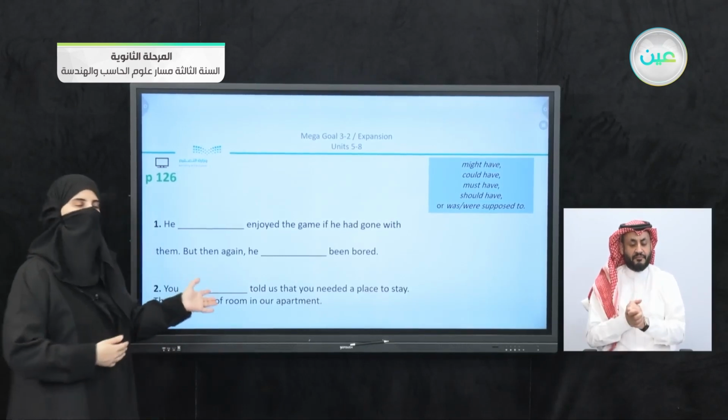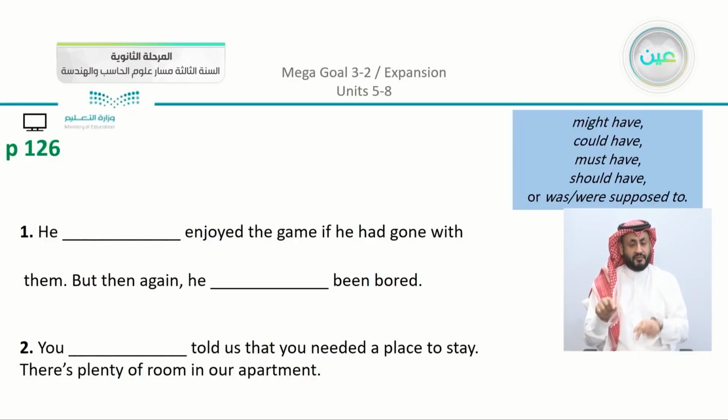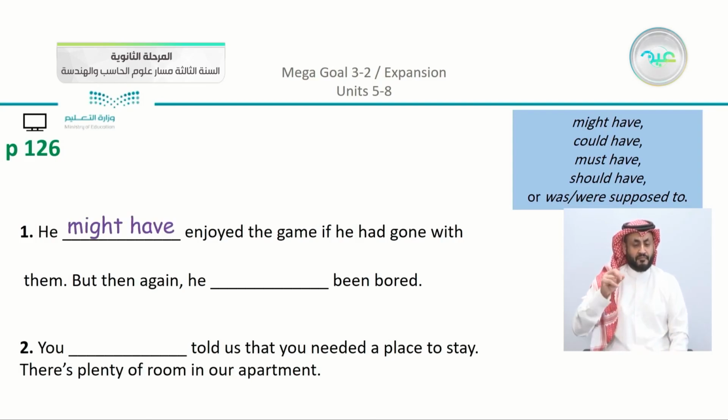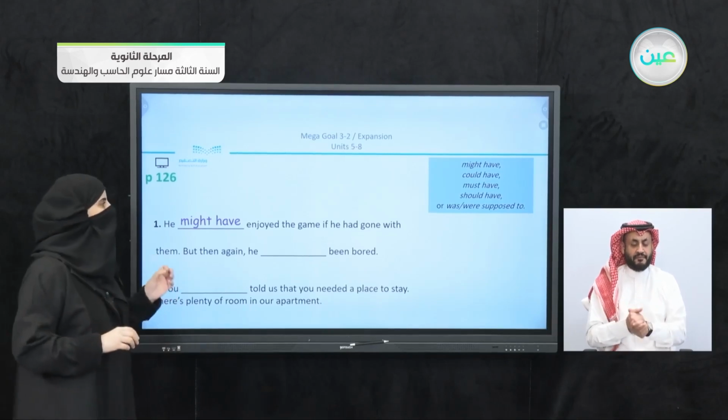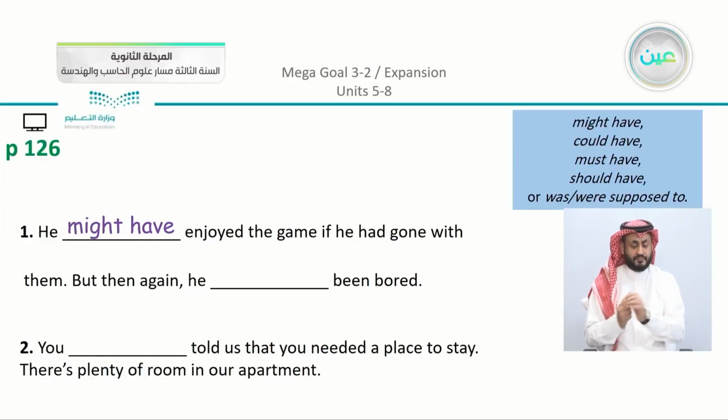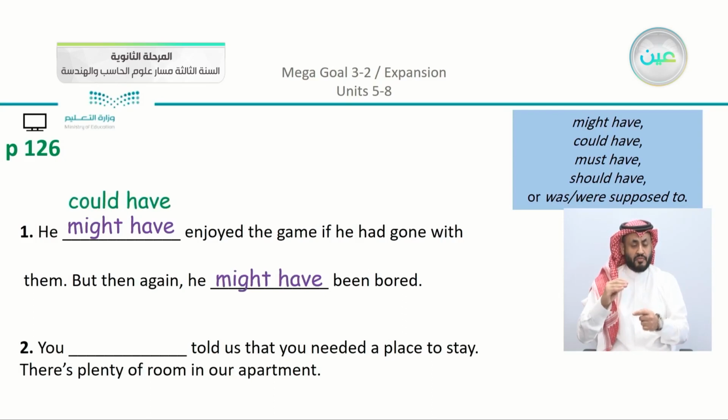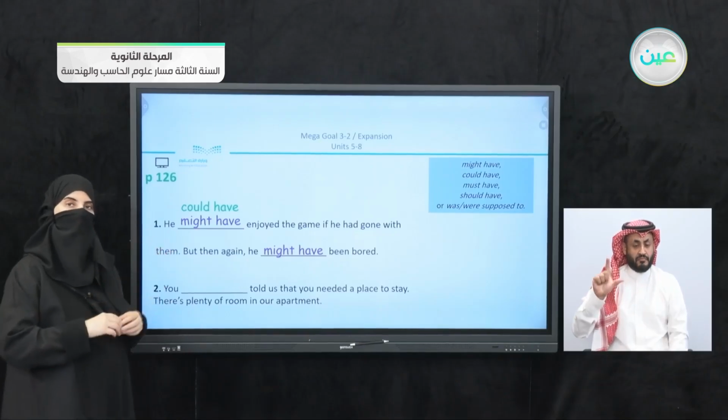So going back to our example in the book, yes, he might have. So this is a possibility. He might have enjoyed the game if he had gone with them, but then again, he might have been bored. Now you can see that here we have another option that can be given.